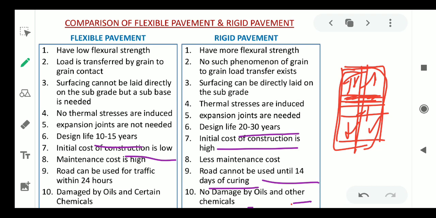But the rigid pavement is a very impervious surface, so no such chemicals or ions react with the cement or the binding materials.